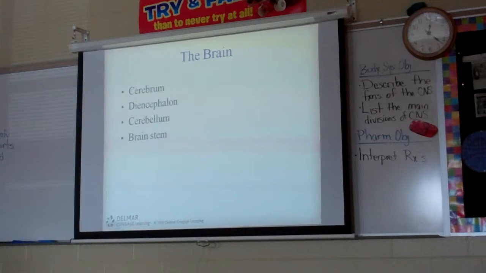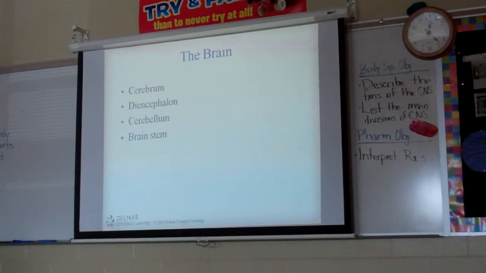What is the central nervous system composed of, Alejandra? The brain and spinal cord. Good. What's the other branch of the nervous system? The peripheral nervous system.